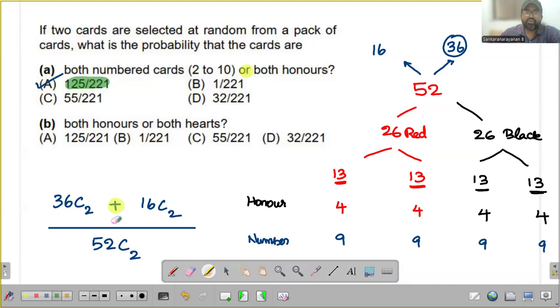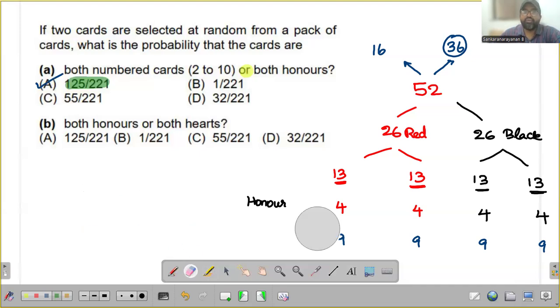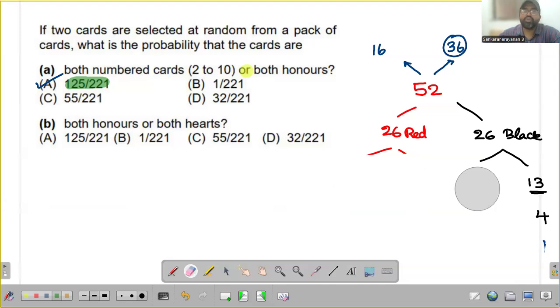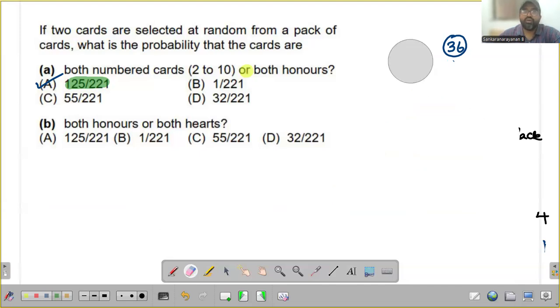Okay, now the next question, you have to be a little bit careful. The question is both honors or both hearts. But there is one more possibility you can consider. In the hearts, honor cards are there.